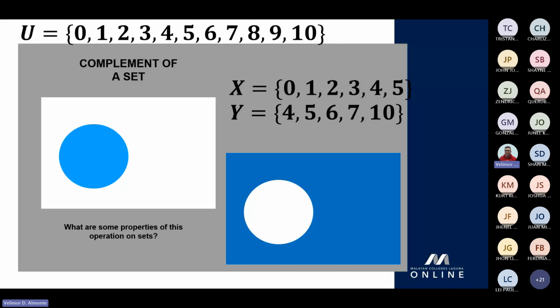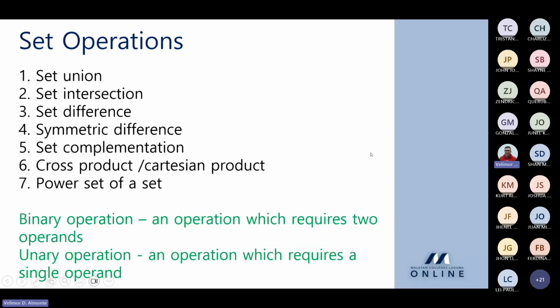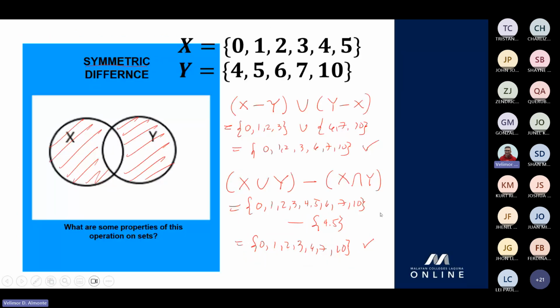So there is a question from Andre Callow: what if x minus y intersection y minus x is empty? Okay, good question. Let me go back. Because they do not have any elements in common, let's put it in the properties. Take note, x minus y intersection y minus x is empty.